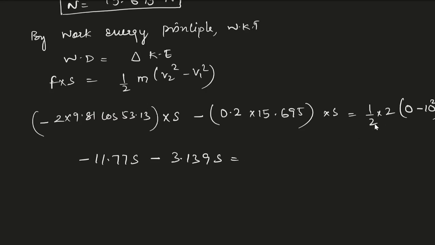This will be equal to, the 2 will get cancelled, minus of 100. So we can easily get the s value. Minus 11.77 minus 3.139, so I got the value as minus 14.9. s will be equal to minus 100. Minus minus will get cancelled, so s will be equal to 100 divided by 14.9.